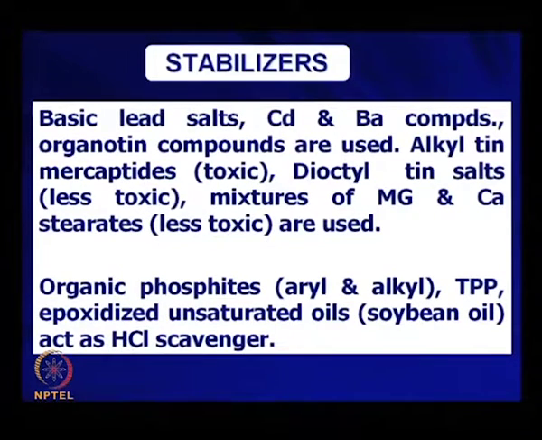Organic phosphates, aryl alkyl phosphates, triphenyl phosphate or epoxidized unsaturated oils, soybean oil, act as HCl scavengers. So, once cadmium, barium, lead compounds are banned, then these phosphates, organic compounds or epoxidized unsaturated oils are used.